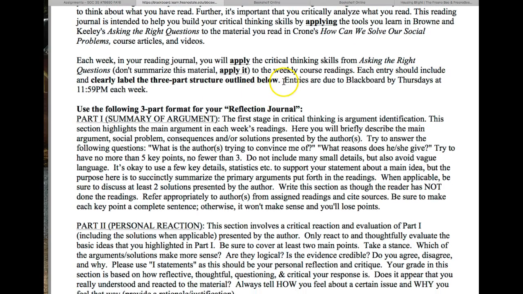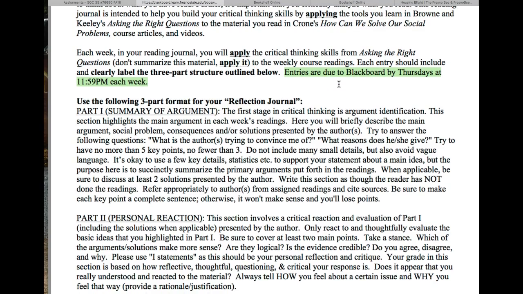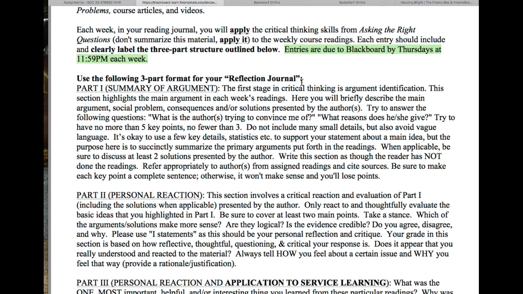And then one other thing is that your entries are due to Blackboard every week by Thursday at 11:59 p.m. So basically before the clock strikes 12 on Thursday night, make sure that you've done all of your reading, you've watched the videos, and you've given yourself enough time to write your journal entry and post it to Blackboard.